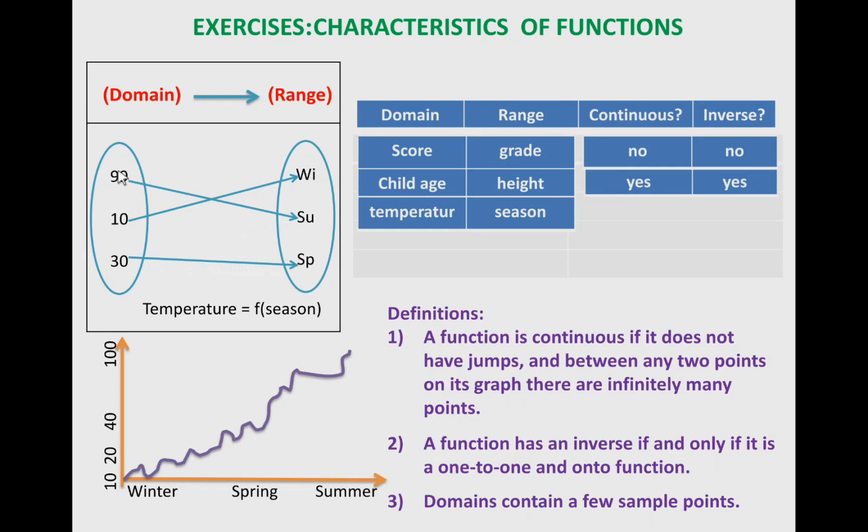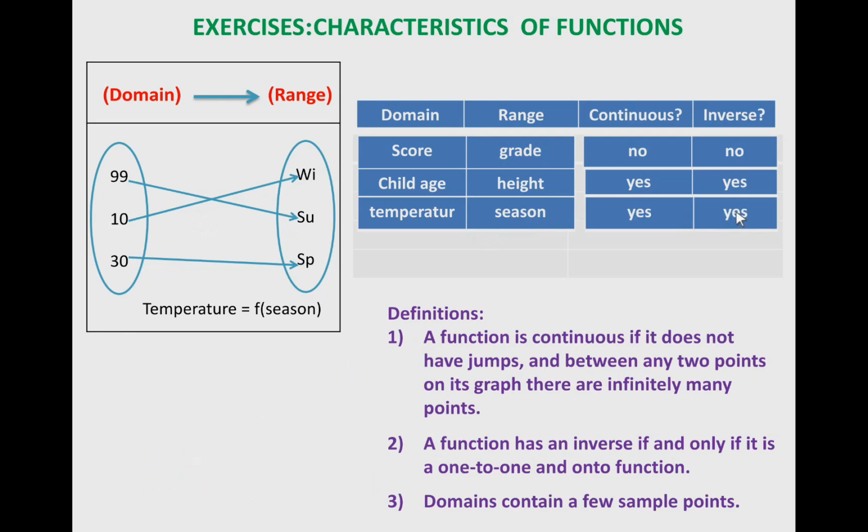And if we know that the answers are only these 3, if we are told summer, we cannot pick 10. We cannot pick 30. We have to take 99. So it's very clear that this is one-to-one. So the answer is yes and yes too. So we'll go ahead and put yes, yes.